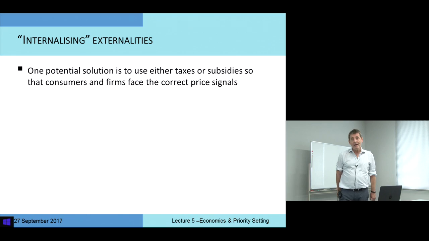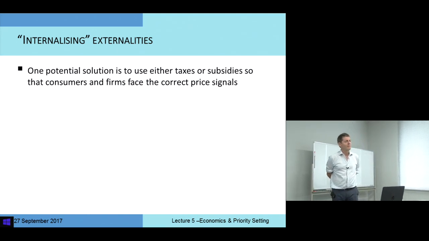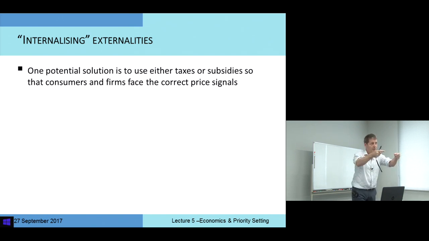Well, jargon. We talk about internalizing externalities as we're getting rid of them, bringing the externality internal to the decision. So making the producer think about the costs they impose on others, making the individual who's receiving the vaccination think about the benefits to others. Now, what you could do is just have a campaign and posters say, get vaccinated, save someone else's life.